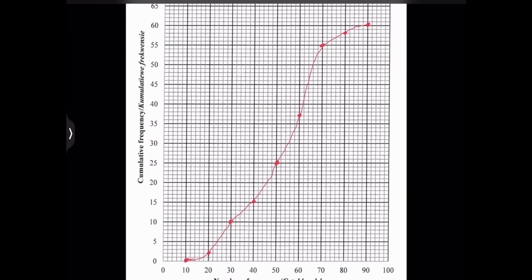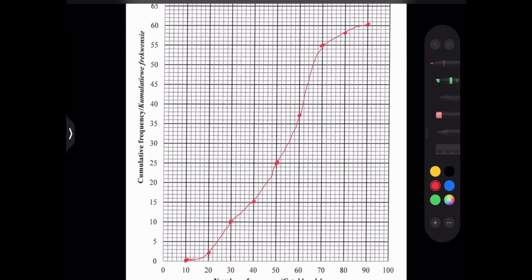If we go back to our drawing, at 65, that's 62, so it's that value over there, 65 messages. We're going to try and estimate as best as possible.